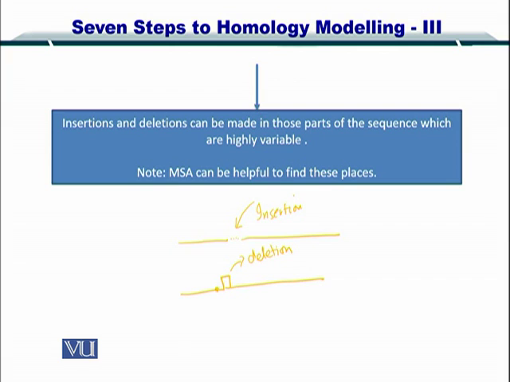So by deleting it, you are connecting the backbone back again. So these 2 things can only be done in regions of the protein which are highly variable. This is very important to note that insertions and deletions can only be done where variability in the protein sequence and structure is welcomed. So multiple sequence alignment can help you to find these regions.